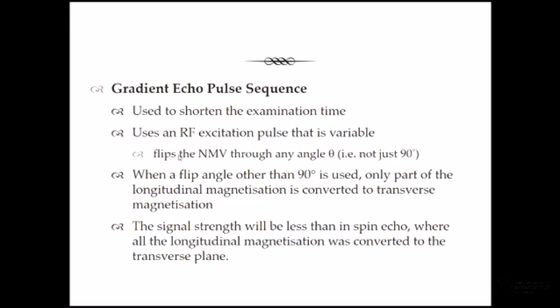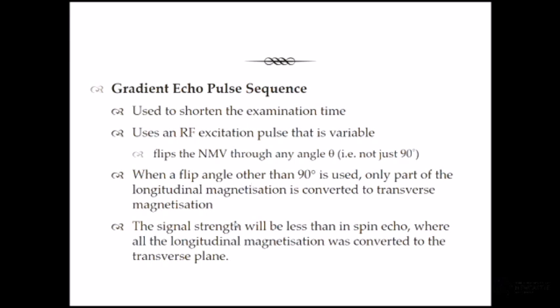But the key point is it flips that net magnetisation through the angle that we apply. So it no longer goes 90 degrees, it might only go 15. So automatically we're not affecting as many spins.